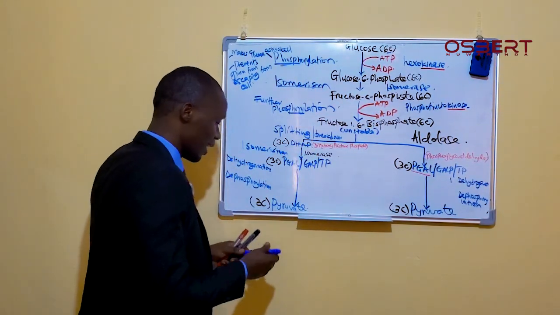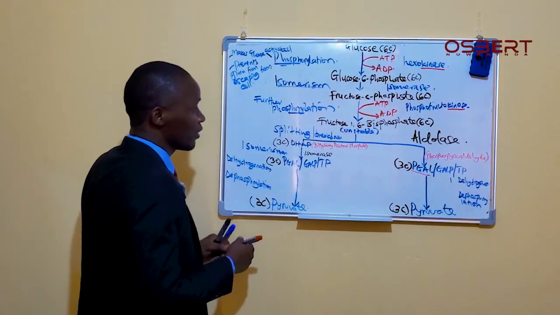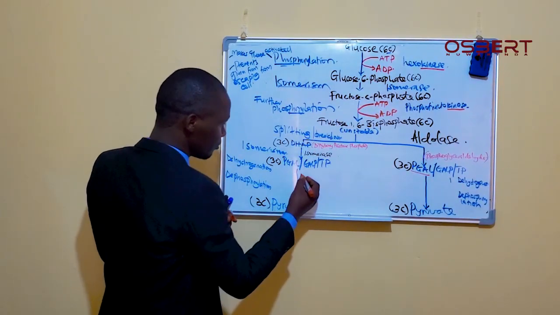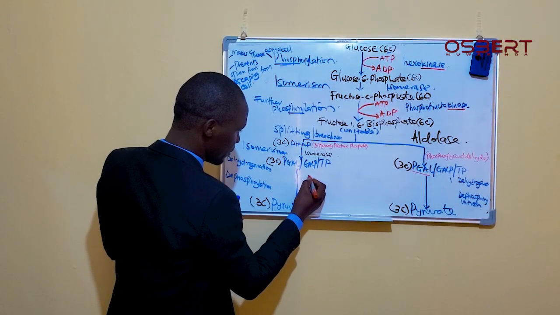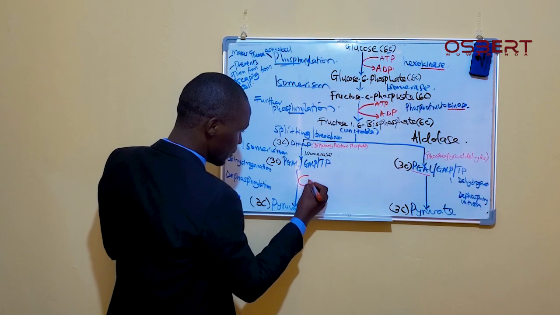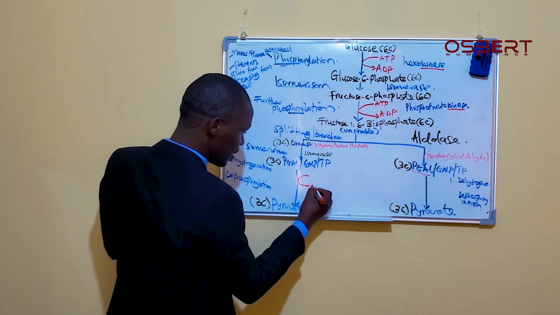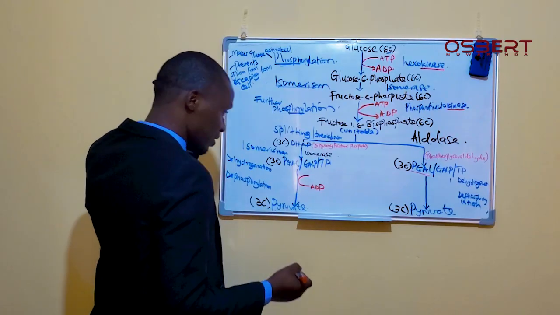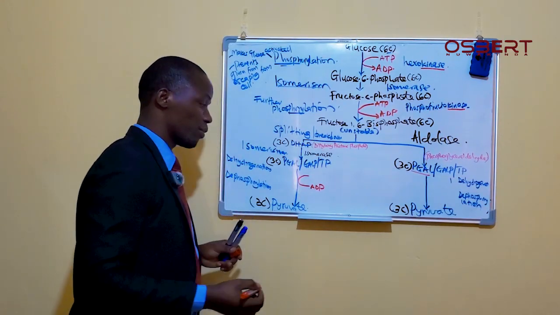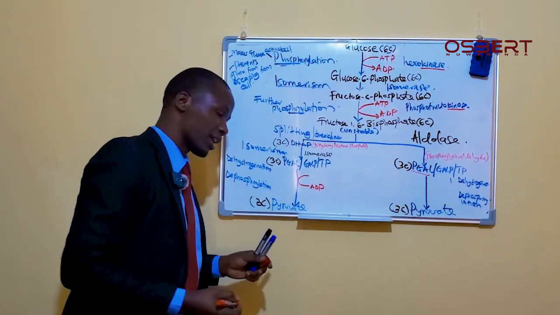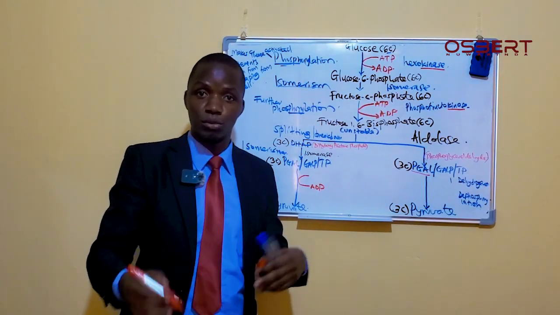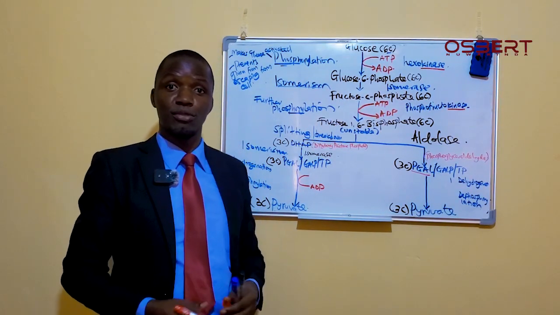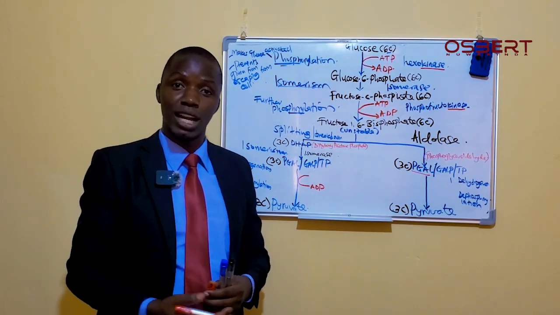So what happens now is, the ADP which had been formed is there in the cytoplasm. We now come and say, okay, I gave you a phosphate to help you progress, but now it's time for you to give me back my phosphate.